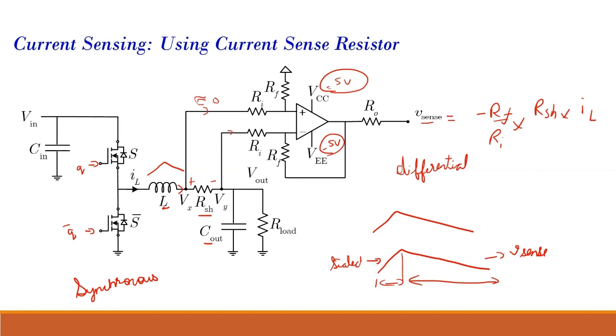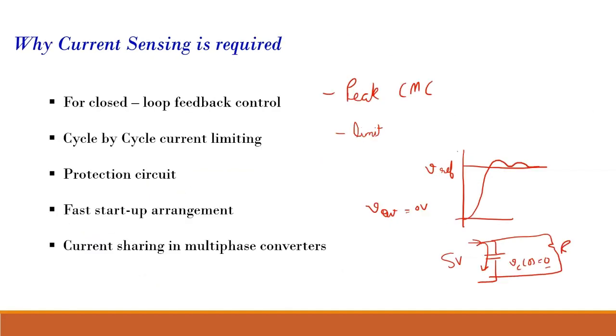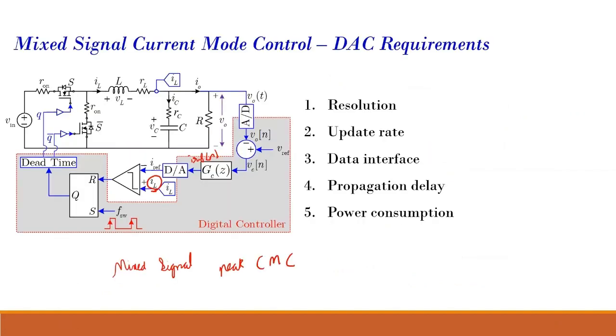Now this is I_L reference, sir. Which one? This V sense is the I_L reference? No, this is not my I_L reference. This V sense is over here, in this circuit. My V sense is proportional to my inductor current. The V sense signal is proportional to my inductor current signal, and that I'm using.